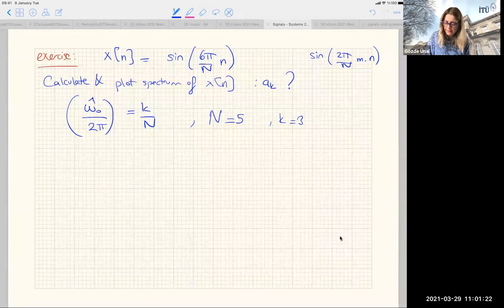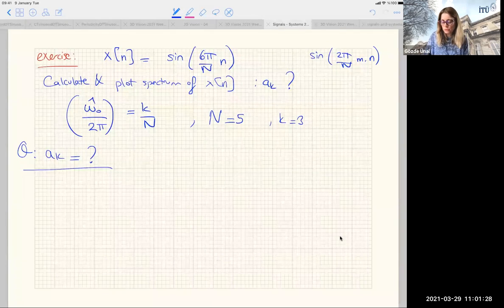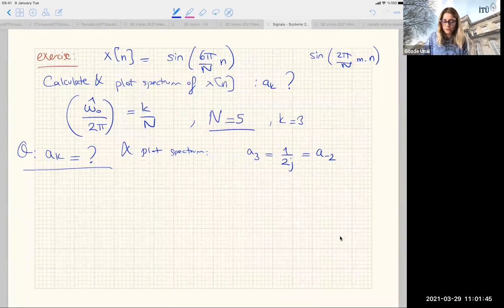So if I ask you what are the a_k for this signal, the question was: what are the Fourier series coefficients, and plot the spectrum. I'll give you a hint. a_3 is 1 over 2j. Because N is 5, this is also equal to a_minus 2, for instance, or a_8.